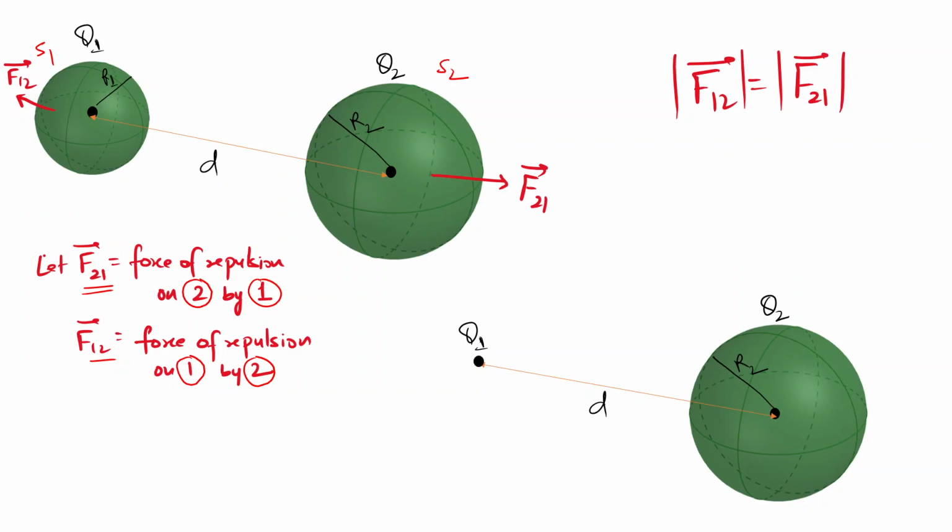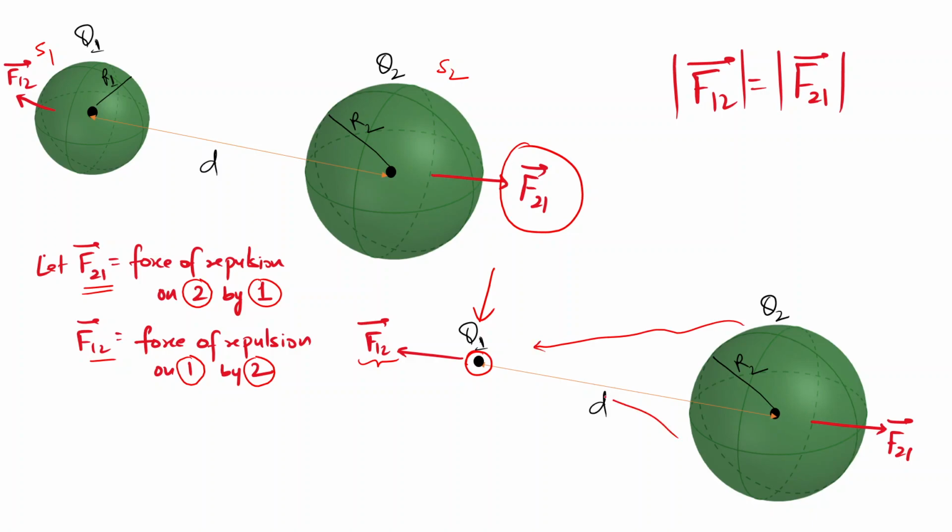And then we know that we can collapse one of the spheres. While calculating F21, we can collapse this spherical shell to just a point, and from here we can calculate F21. So our F21 is still going to be the same, but because of Newton's third law, our F12, the force of repulsion experienced by this Q1 charge due to this spherical shell, is also going to be the same as this force here.